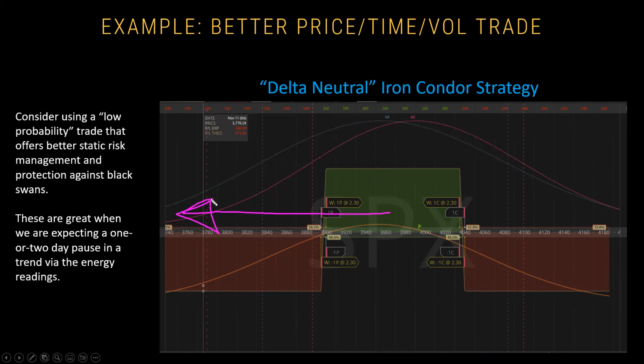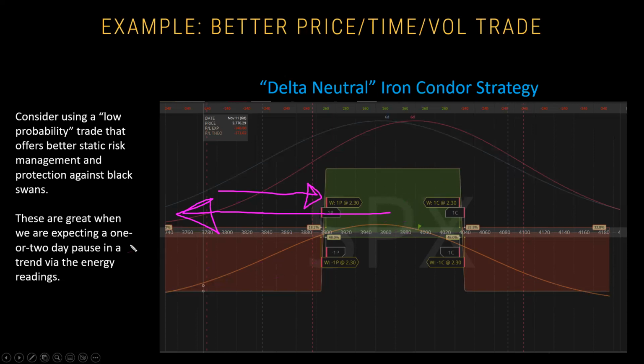And the price is right in the middle of all their spreads, and they're giving back the profits of the last 30 trades. So the way to fix that is to go closer to the money, believe it or not, and take a bigger credit and reduce your risk.